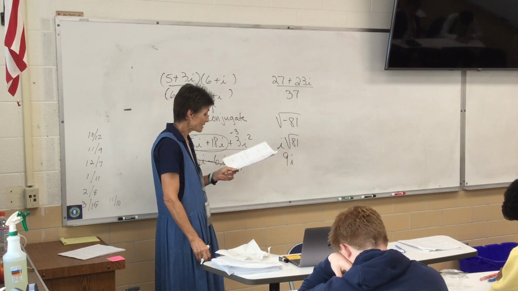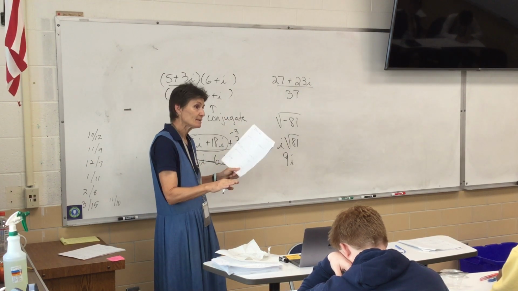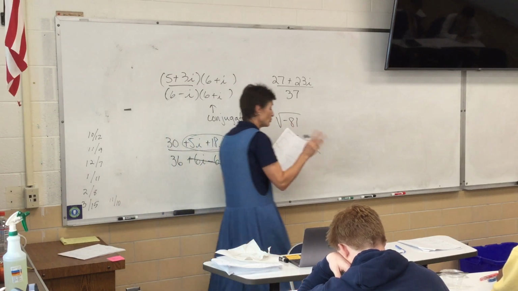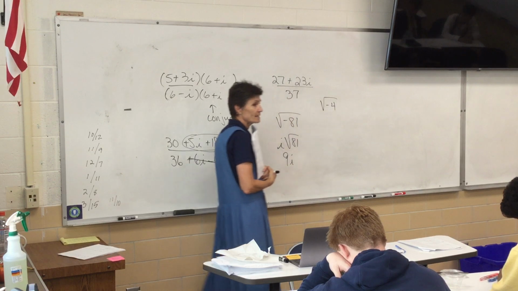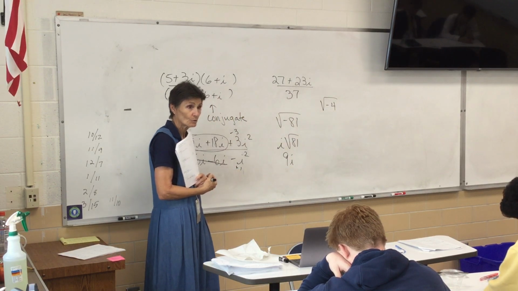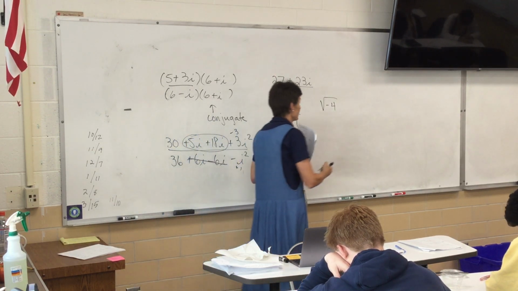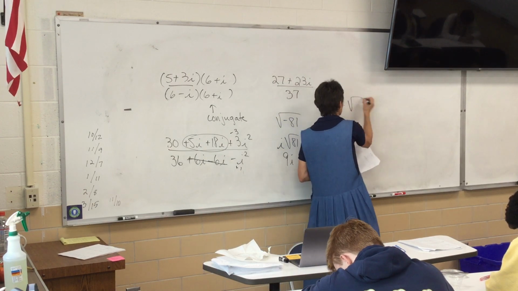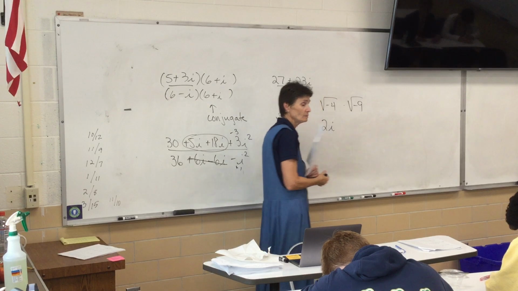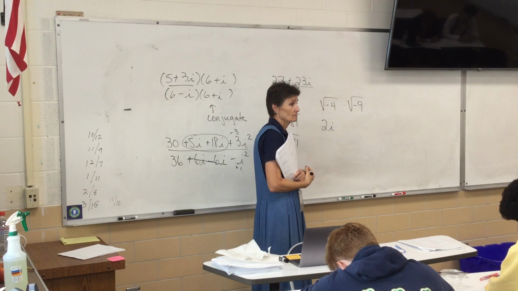Now, the next problem, we're going to do exactly the same thing, except there's two of them. So what about this? Let's do this one first. What's that one going to equal? 2i. And then, what's that one equal? 3i.